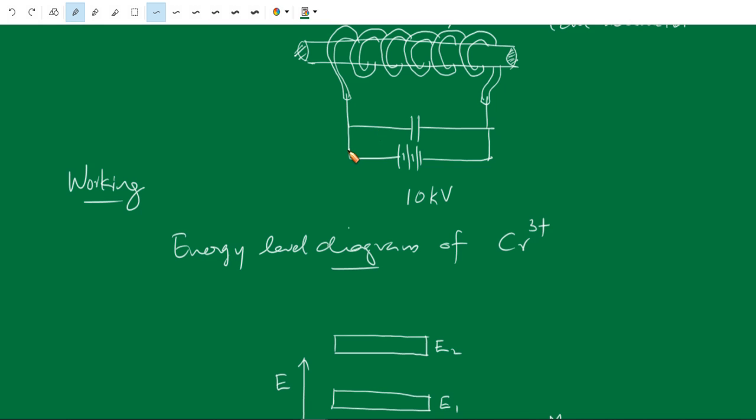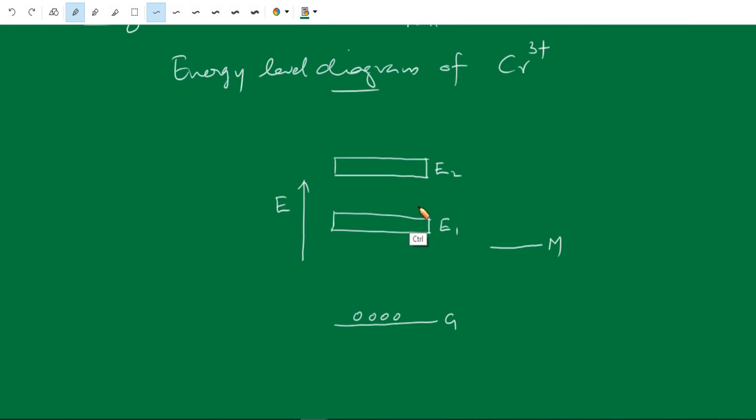So this is a strong light source, and a part of its energy is absorbed by the chromium ions in the rod. Therefore, the chromium ions are excited from the ground state to the band E1 or the band E2 by absorbing energy from the flash lamp.